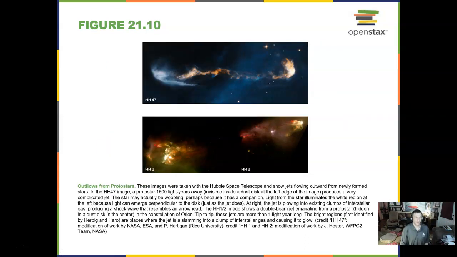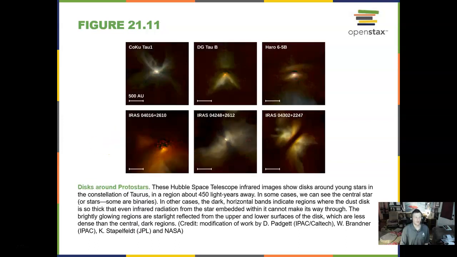Here are more outflows of that gas and dust from protostars. Disks around protostars, where I said we have that disk flatten down and spin around to form a dust disk. We've seen that with Hubble, and we have seen that around different observatories. And really beautiful stuff there.